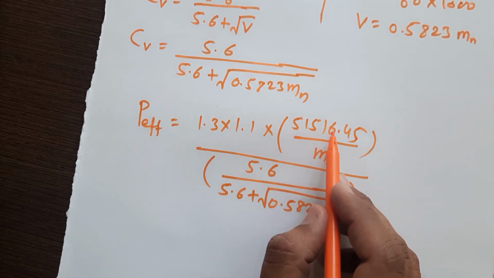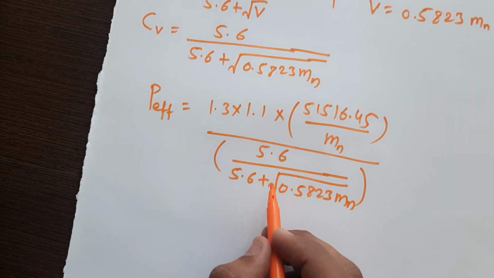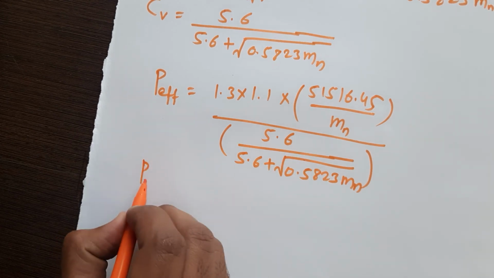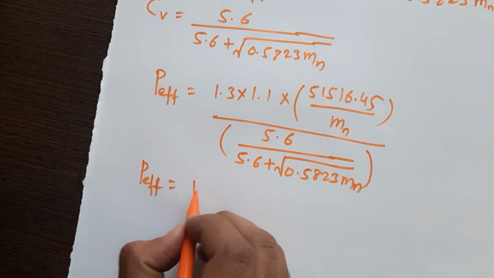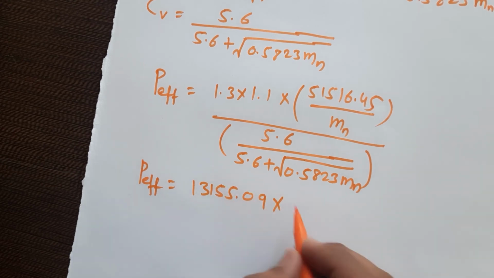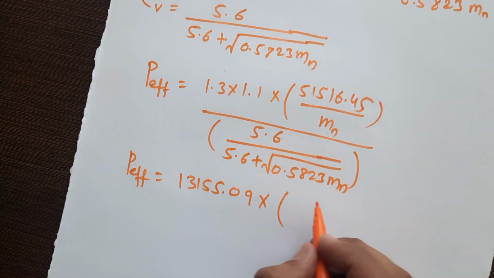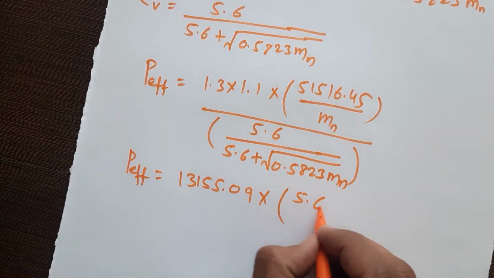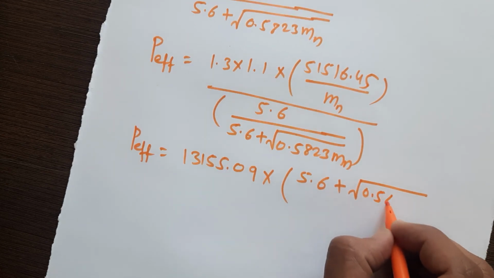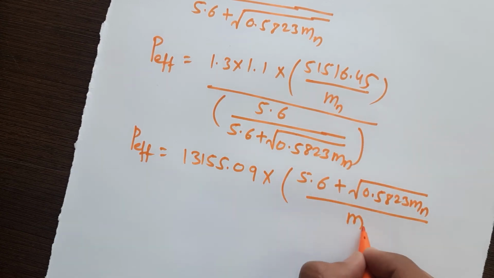by 51516.45, this you can simplify. At the end, after simplification, you will get this equation as P effective is equal to 13155.09 into, now this bracket will leave as it is, 5.6 plus under root v, divided by mn.